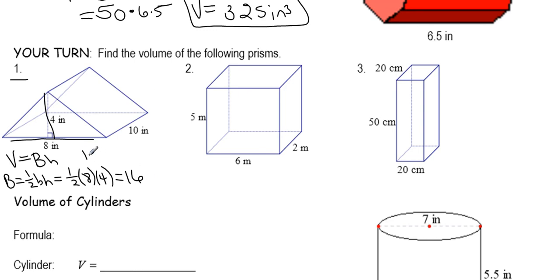Then my height, my little h, is going to be 10. So the volume is going to be 10 times 16, which is 160 cubic inches.